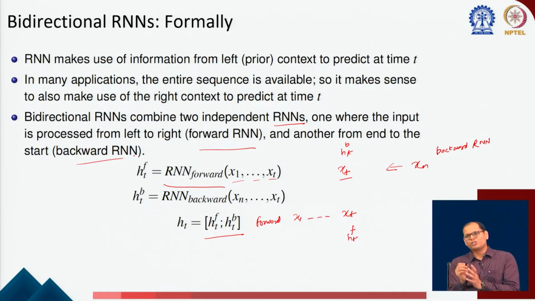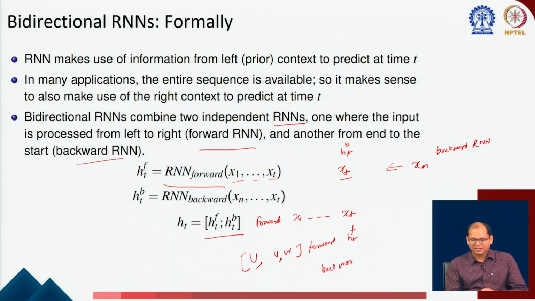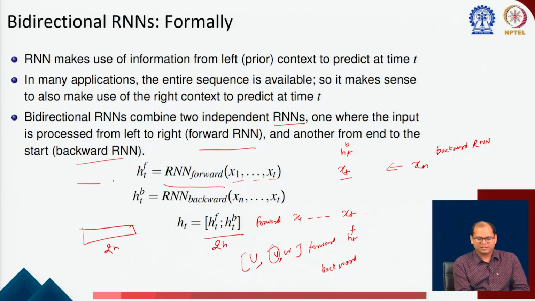They don't share the parameters, so the number of parameters becomes roughly doubled, and you can work it out. Your matrices U, V and W will be different for the forward and backward RNNs. The V matrix is shared in form, but the input changes: now you are getting a 2h-dimensional input, and this 2h-dimensional input goes to your final output.